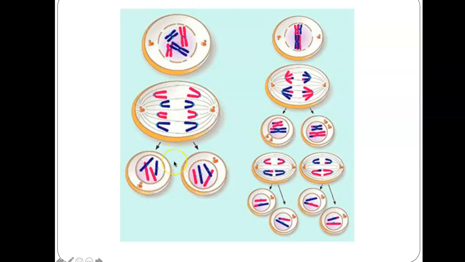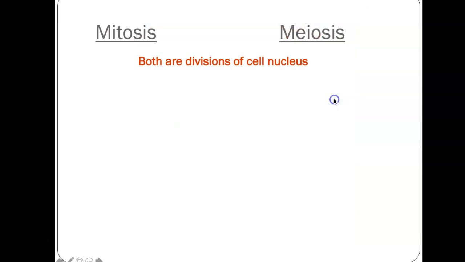This is what your skin does when you get cut or something like that. Over here on the right side is meiosis. This is the very specific process that occurs in the testes and the ovaries to make sperm and egg. So I need you to be familiar with these pictures. If you were to be shown one of these and I said, is this mitosis or meiosis? You need to be able to tell me.